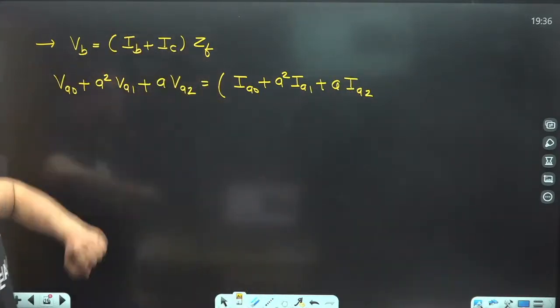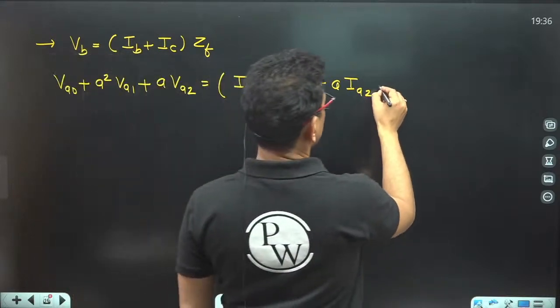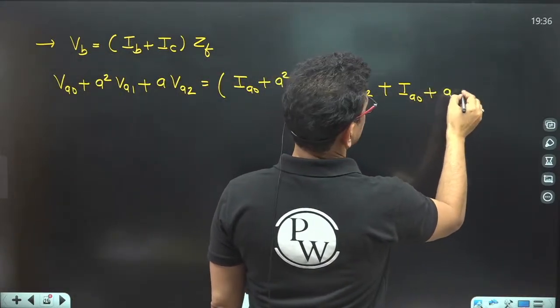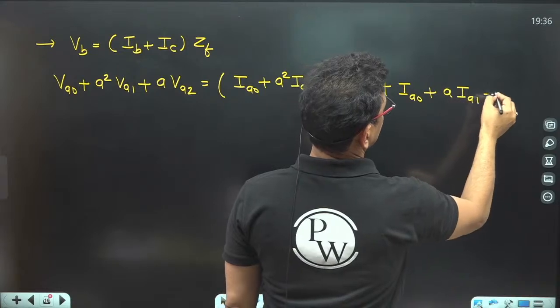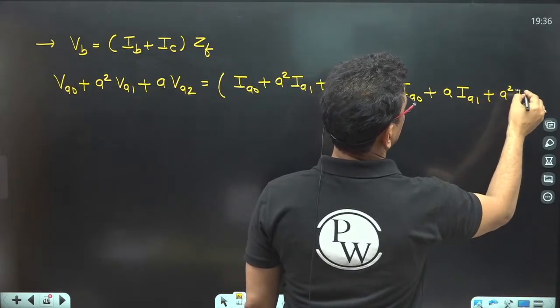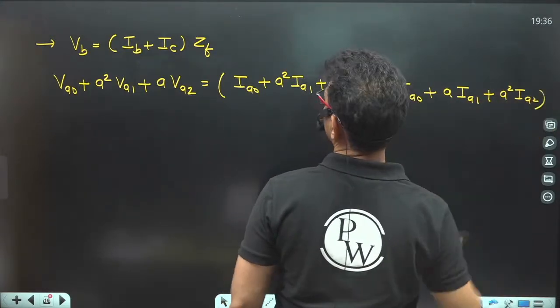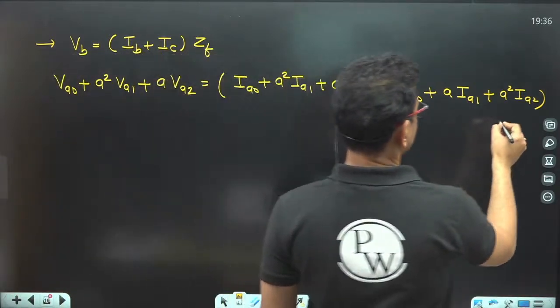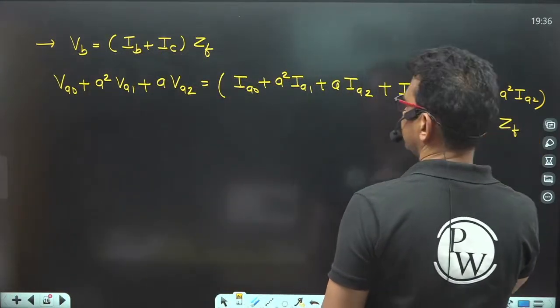IC is IA0 plus A into IA1 plus A square into IA2. So IB plus IC is multiplied by ZF.